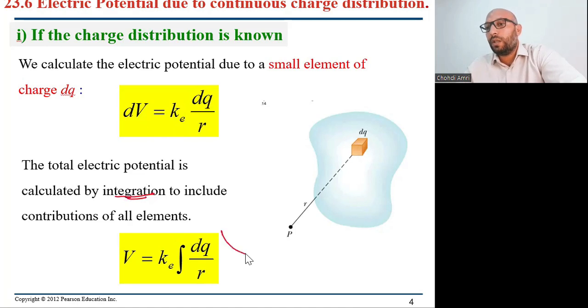That means the electric potential at any point P due to all these small elements of charge dq is equal to k times the integral of dq over r. And this is the equation of the electric potential due to continuous charge distribution.